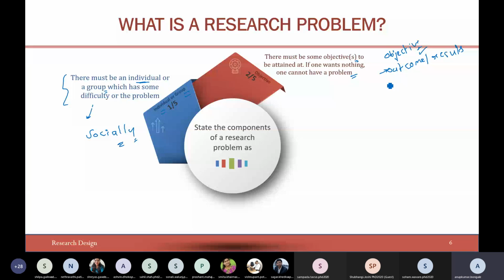And any other thing that we can add on to the meaning of objective? Importance. Okay, importance. Importance with reference to which one, madam? Any other components which I can include?